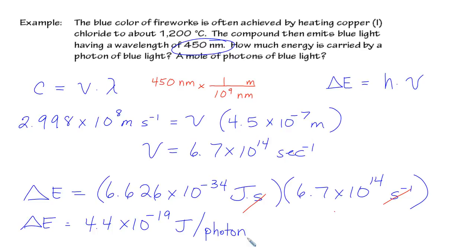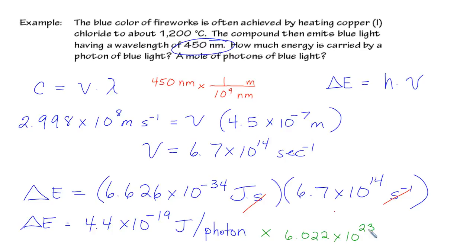But now the last part of this wants to know how much energy would be in a mole of these photons. So then I'm going to take this guy and multiply by Avogadro's number, which again is given to you in the AP packet. And don't shortcut this thing. It's given as 6.022 times 10 to the 23rd, and that would be like particles per mole.